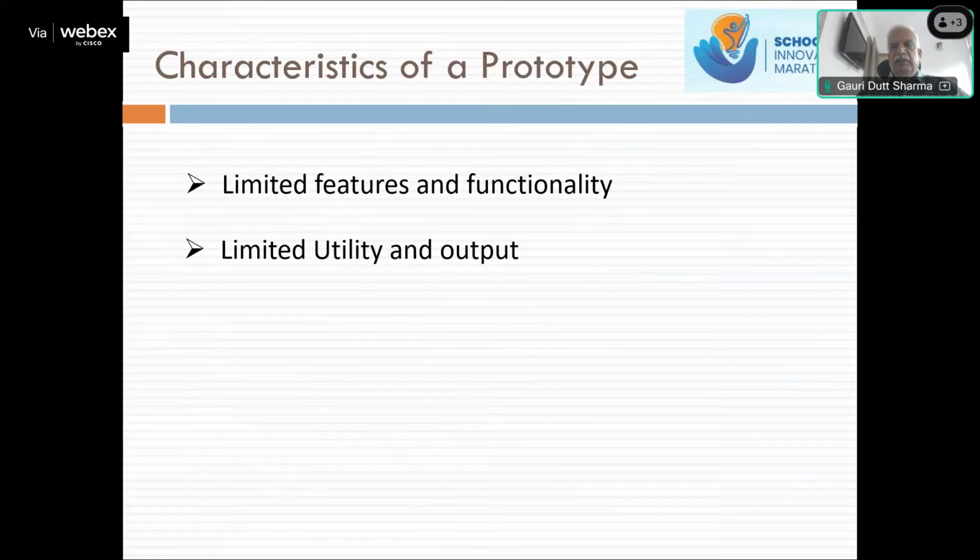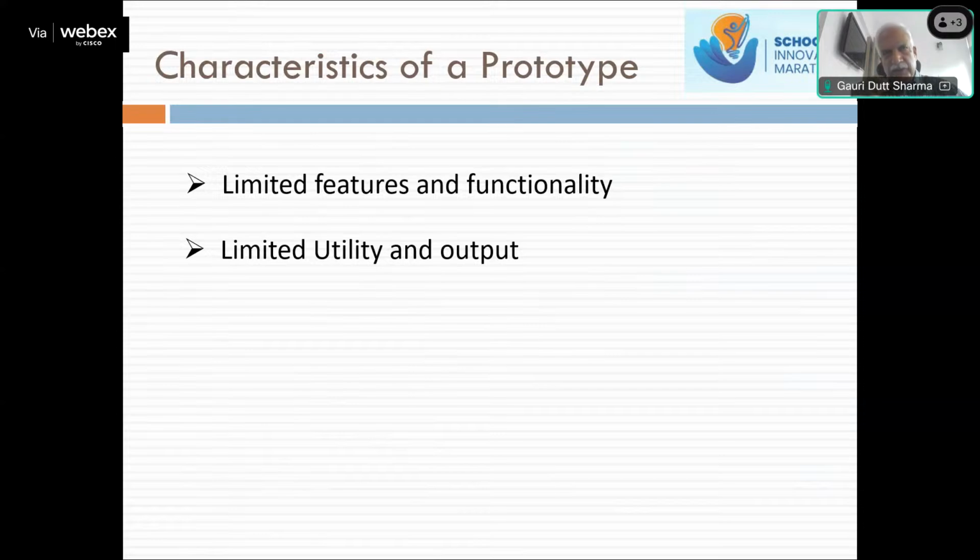There can be devices which have input and output characteristics, and this device may not be able to give all the outputs. It may be able to give only one output. I'll give you an example. For instance, you have created a touch screen entertainment system for a car, which is innovative.